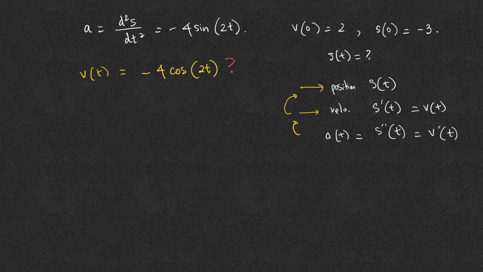We need to check. If we differentiate it, v prime of t, we get negative 4 times the derivative of cosine, which is negative sine of 2t, times 2. And so this is actually way off. We have an extra factor of 2 in here.